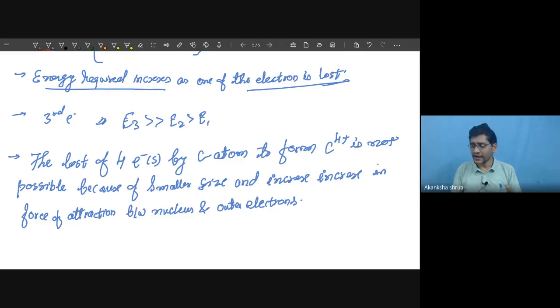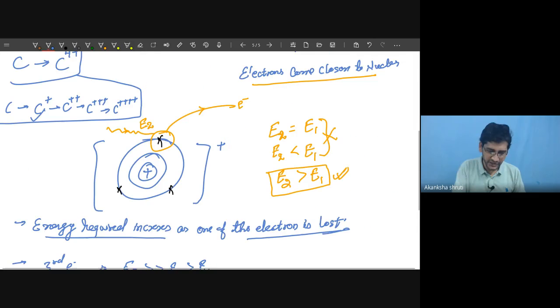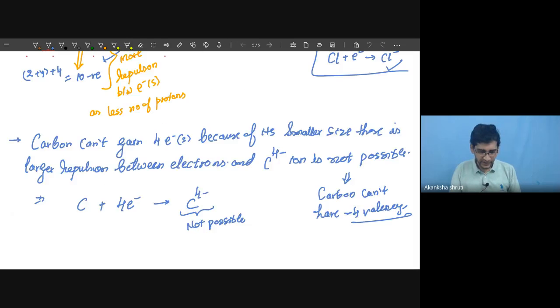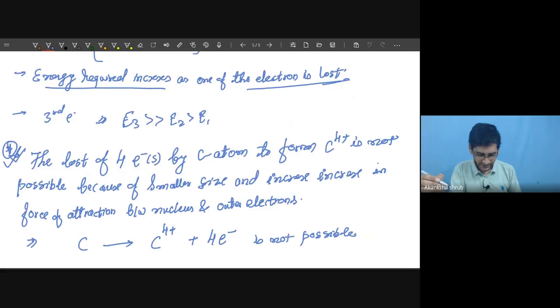So that's why we can simply write C to become C4+ plus 4 electrons, meaning losing 4 electrons is not possible. Why not possible? This I had explained above, considering the energy and everything. But you have to keep in mind at least this statement. It is very important, student, because it is asked in your MCQs, and they always ask why electropositive or electronegative is not possible. So these two conclusions that I have written are very important, student.